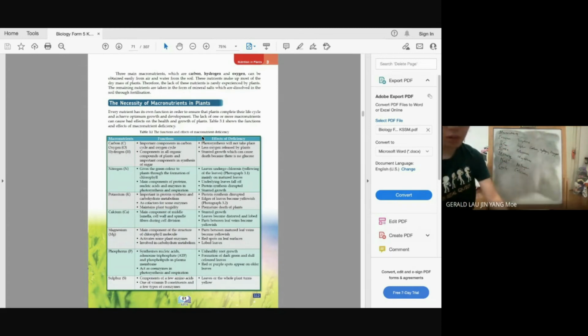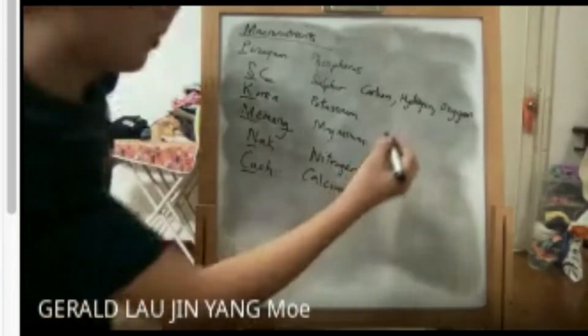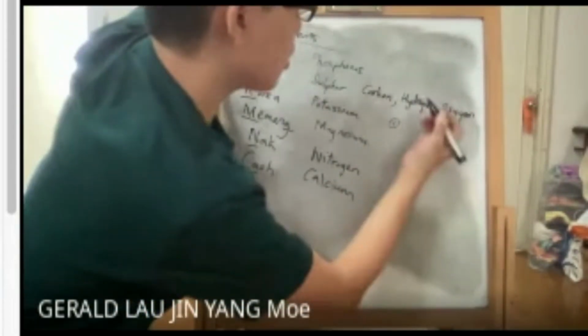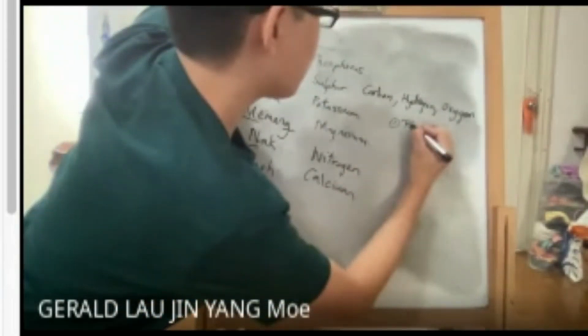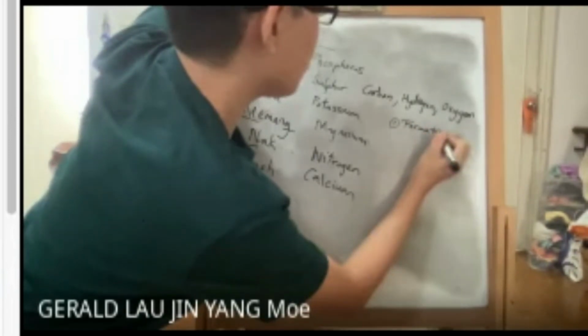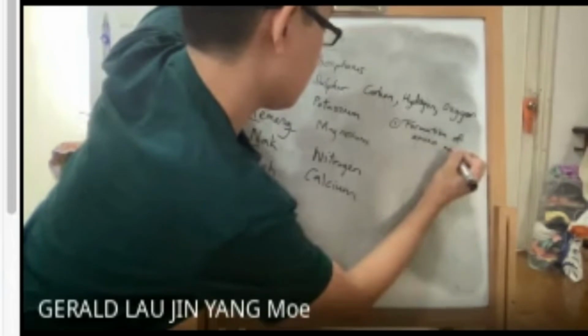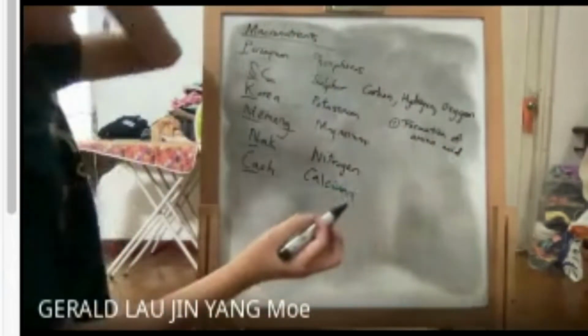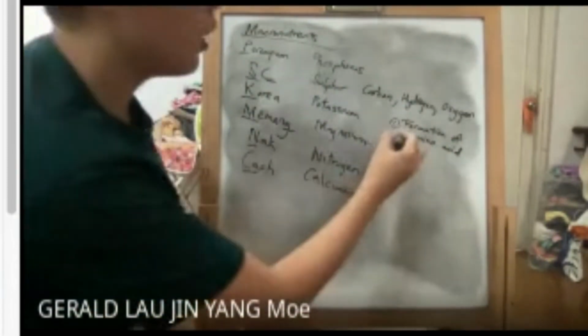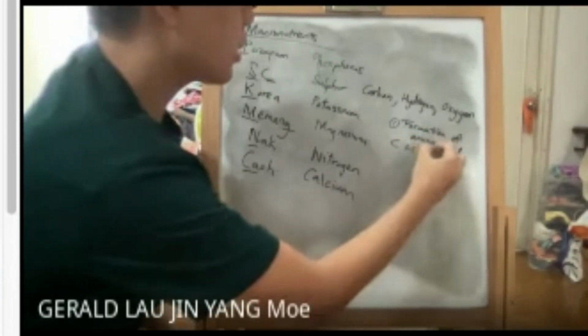In terms of function, the first one is formation of protein, or amino acid. You know for protein, you need carbon, hydrogen, oxygen, nitrogen.